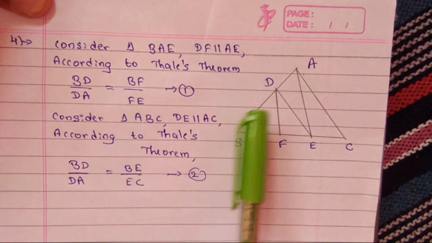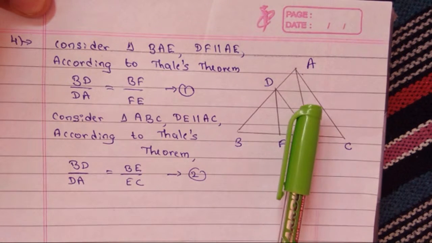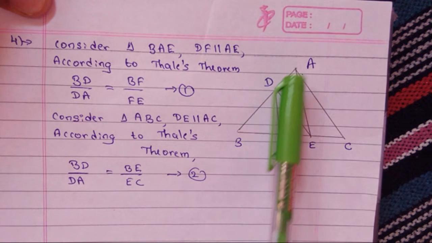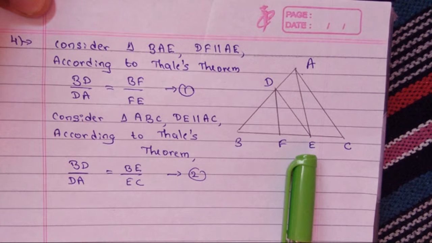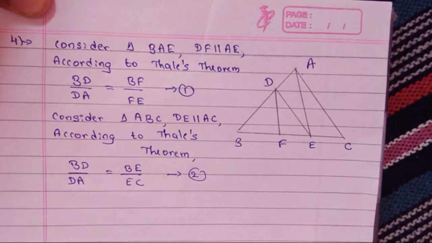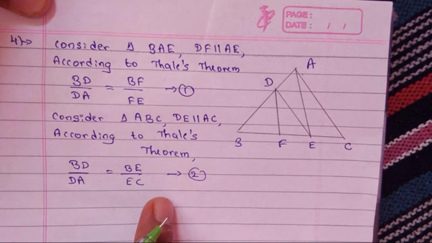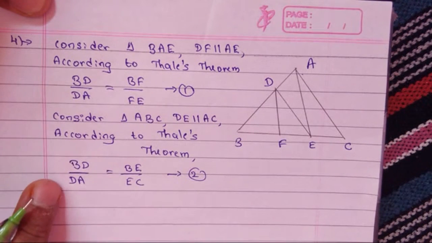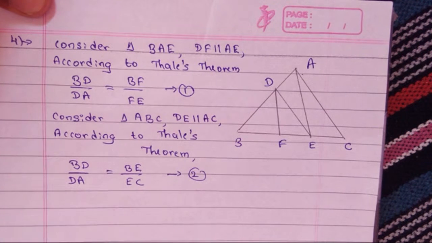In the second case, DE is parallel to AC, that's why it becomes BD divided by DA, that is equals to BE divided by EC. Now when we compare equation 1 and 2, see here left hand side BD divided by DA, here left hand side BD divided by DA. So both left hand side are equals to each other. Therefore according to axiom, if two things are equals to same thing, then that two things are equals to one another.